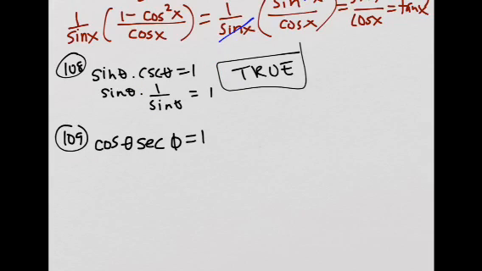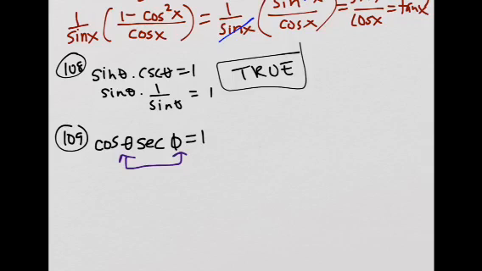So number 109, the functions are reciprocals of each other, cosine and secant. They are. The problem here is that the angles are not the same. If the angles are not the same, they're not going to cancel each other out.